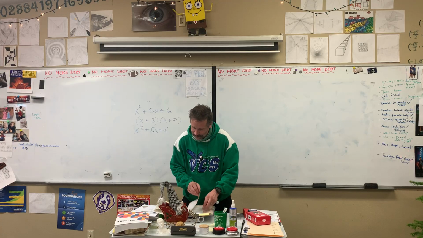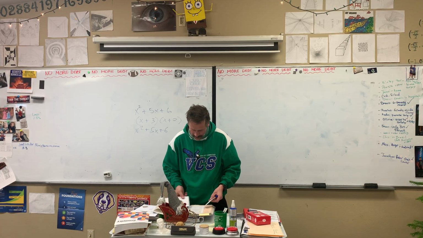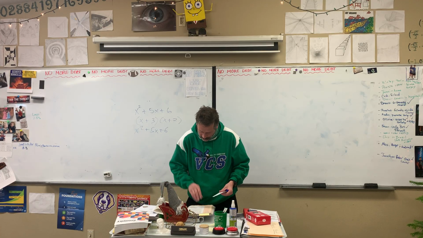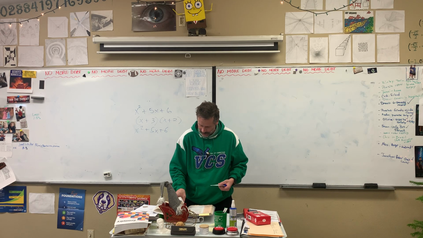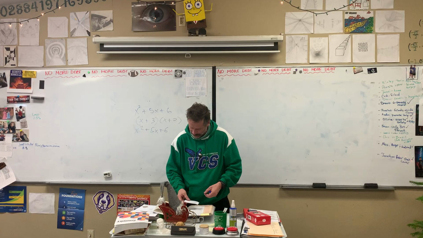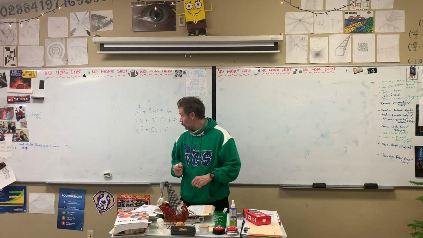Okay, yes, 7.4 is what we're getting into. And 7.4 is going to talk about reference angles, and then it's going to also talk about the rest of the unit circle in terms of our special values on the unit circle.